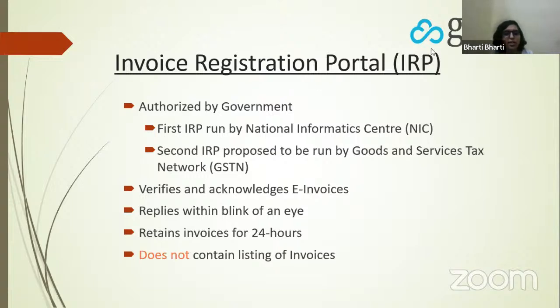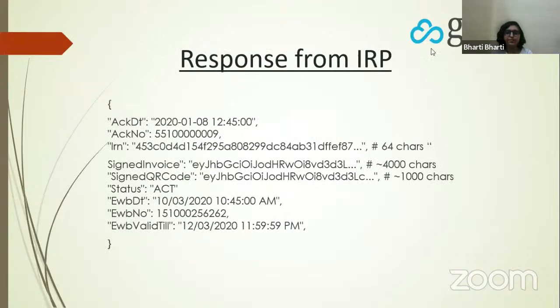It does not contain a listing of invoices. This 24-hour threshold is also for canceling. So if you have generated an e-invoice right now, you will only be able to cancel it within 24 hours. Let's say by 3 o'clock tomorrow, beyond which you won't be able to cancel it.